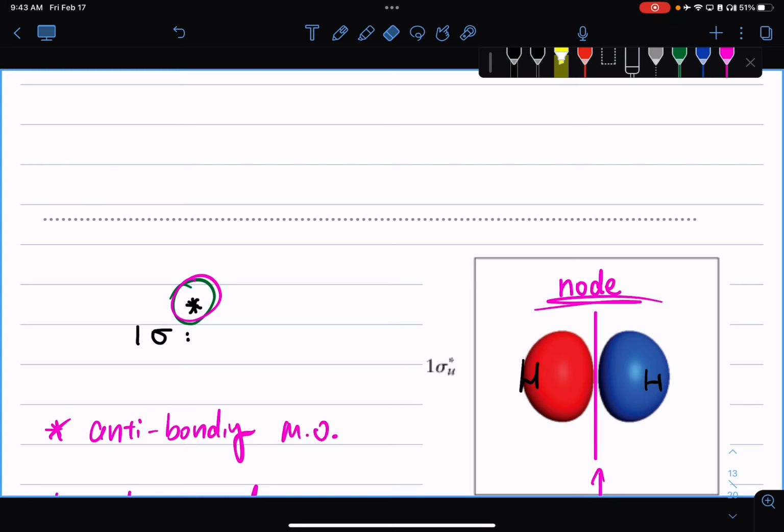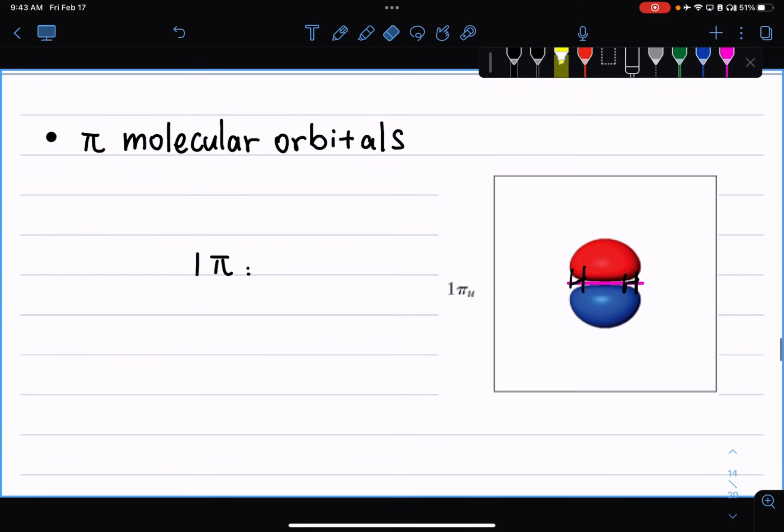Yes? So how can we use this to define like a double bond? We'll talk about double bond very soon in the next one. So we have pi molecular orbitals. Here, I want to pause and talk about a common misunderstanding. We talk about S, P, and D atomic orbitals for hydrogen atom.